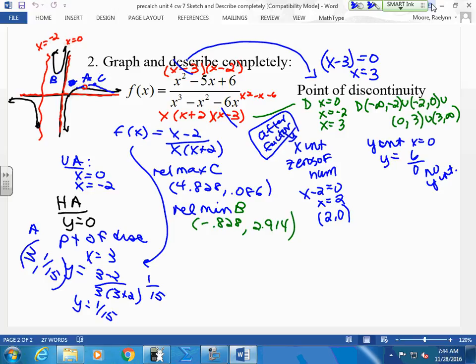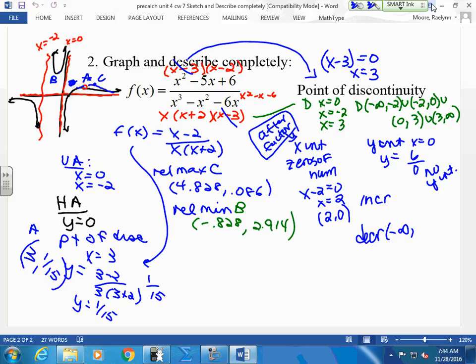Okay, so what are we missing now? Increasing, decreasing? Watch the increasing, decreasing. This guy over here on the far left is just a complete decreasing part of your function. These are going to have increasing and decreasing because these have max and mins. So this little section here, decreasing. So where are we decreasing from? Negative infinity to where?